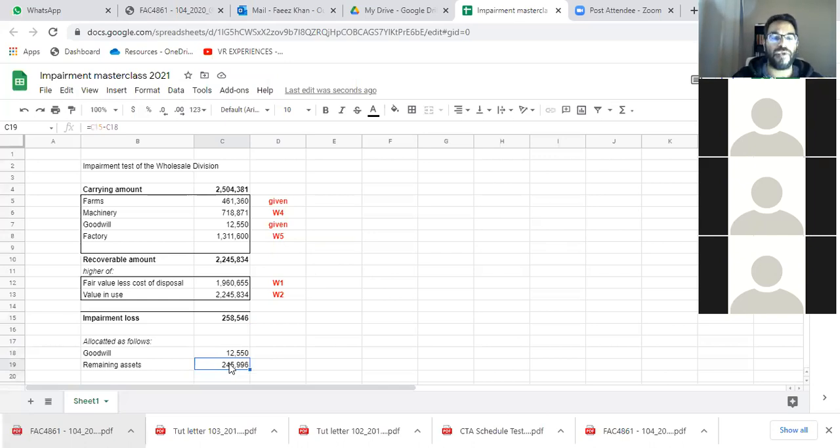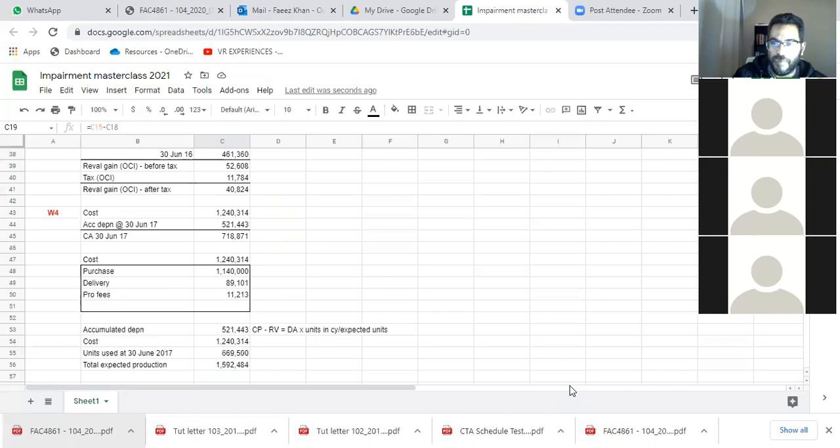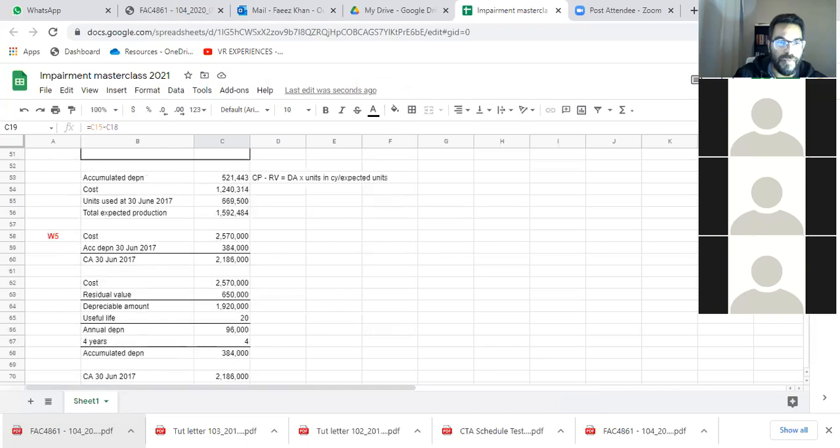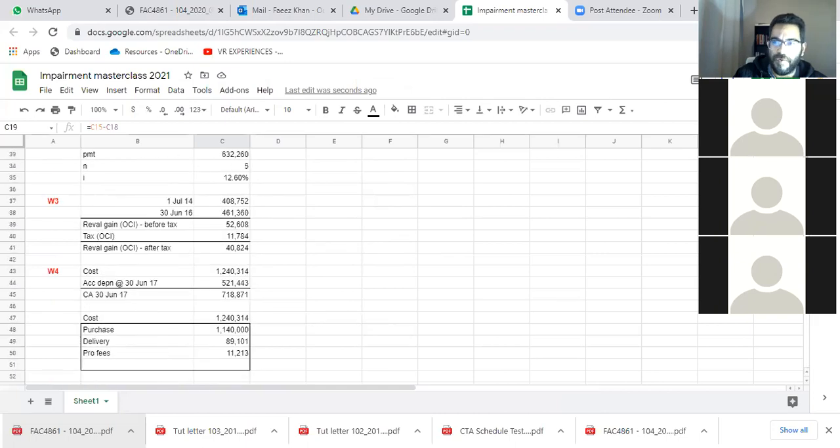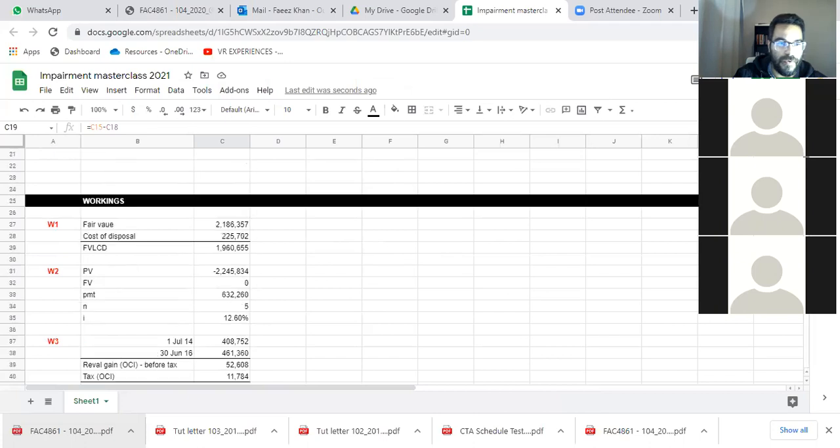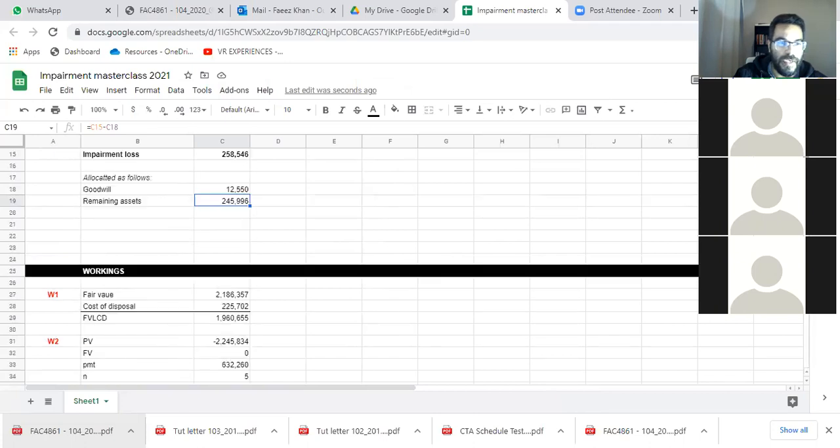245. Okay, so very important to take note of that. What you should know of the 245, what will go through P&L and what will go through OCI. So what you just want to make note of is which of the remaining assets will go through P&L and what will go through OCI.